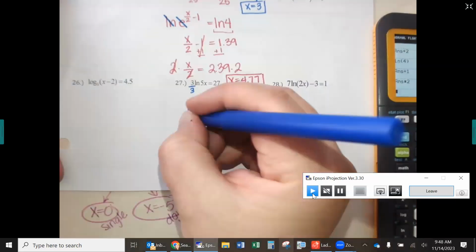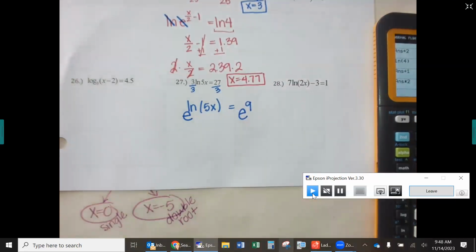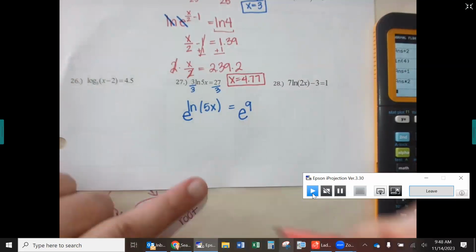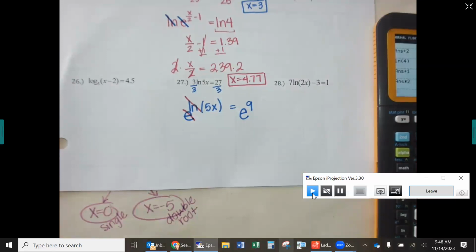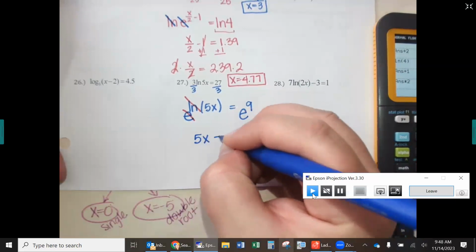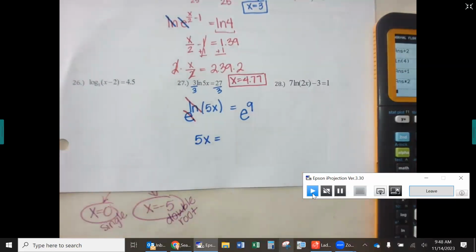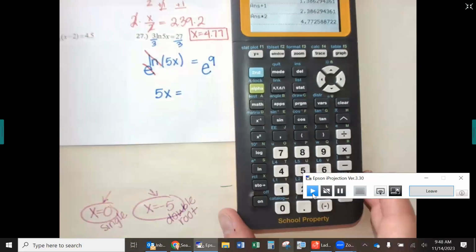Big E. Big E here, big E here. So remember, E and ln are inverses. They undo each other. So these guys are going to cross out. My 5x is going to carry down. And then do we remember where the E is on the calculator? Okay, it's right under where pi is.